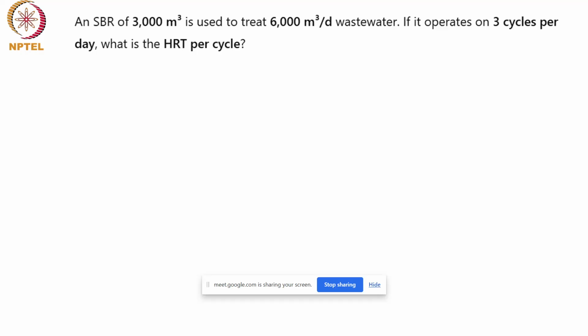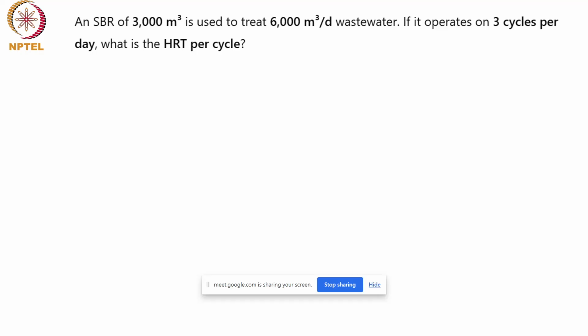To find the total HRT, V by Q, which is nothing but 3000 divided by 6000, equal to half a day, nothing but 12 hours. 12 hours is the total HRT.